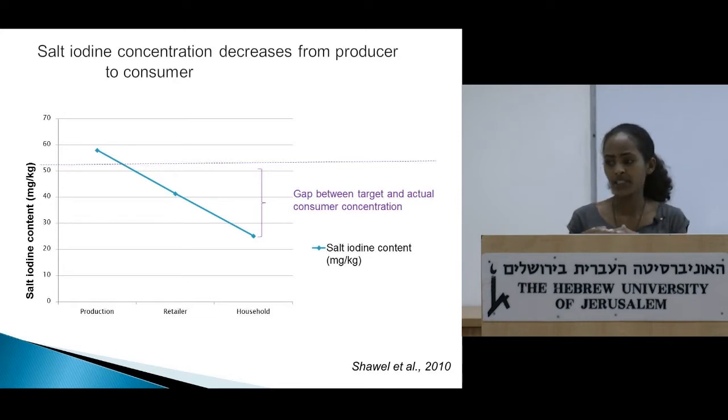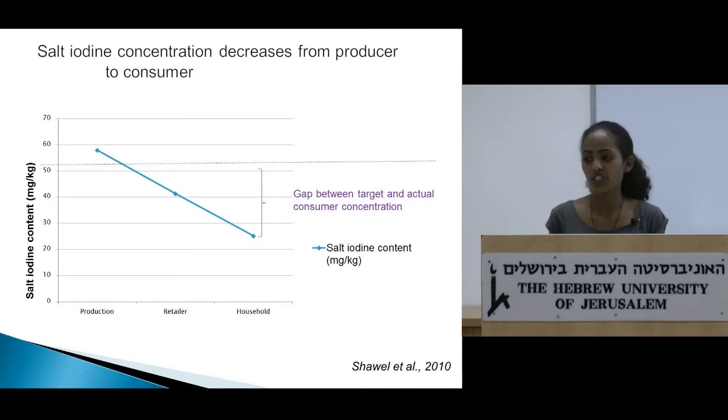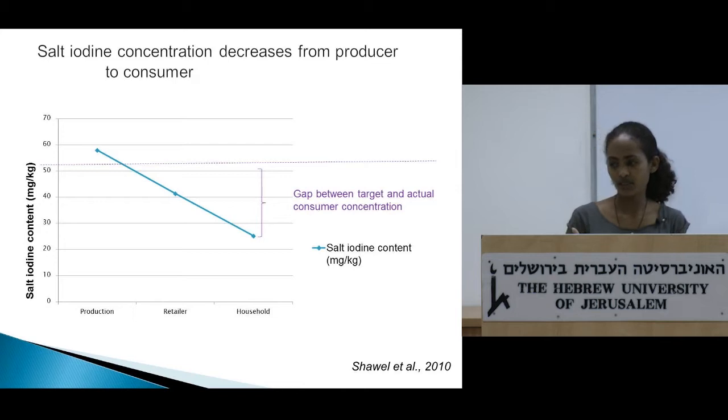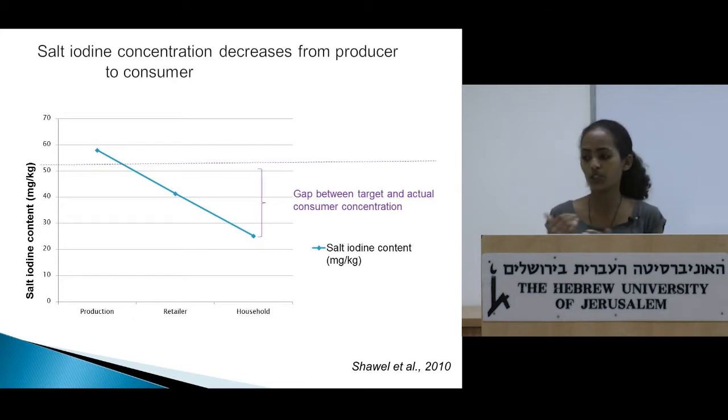Actually, the level of iodine concentration at all of the levels was good because it was more than the minimum required amount, which is 20 milligrams per kilogram. However, when we see the trend, it was decreasing from the production until it reached the household level.